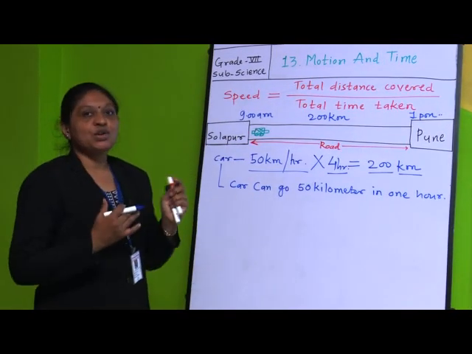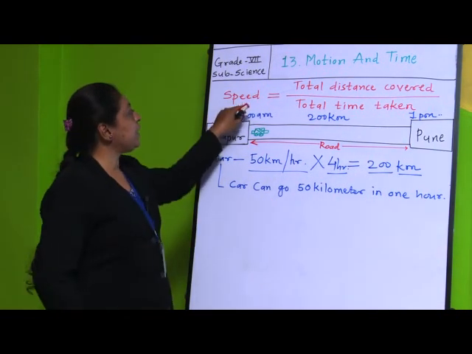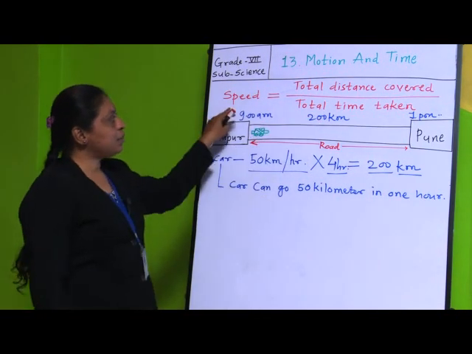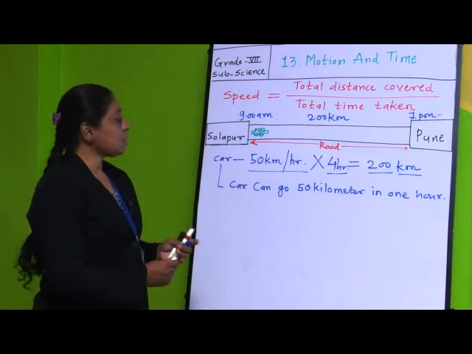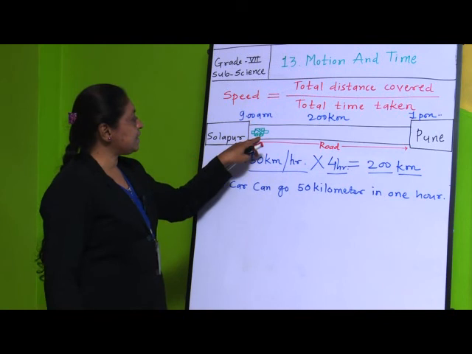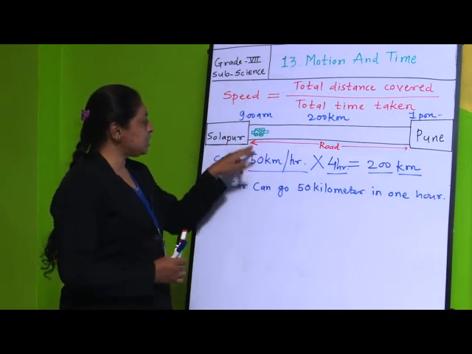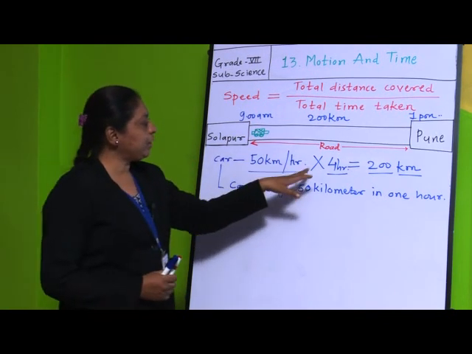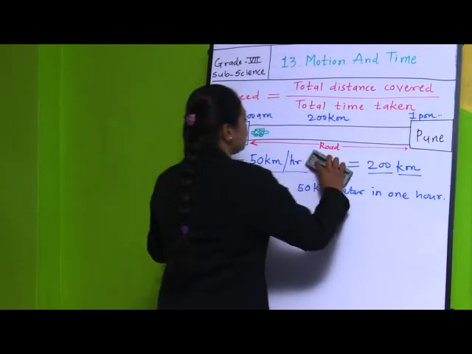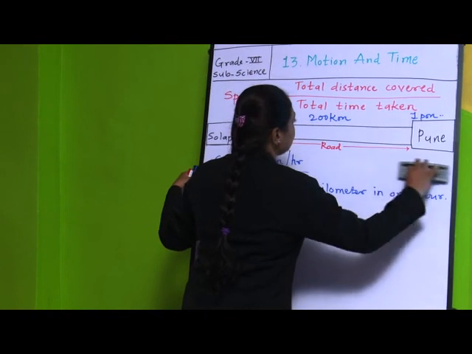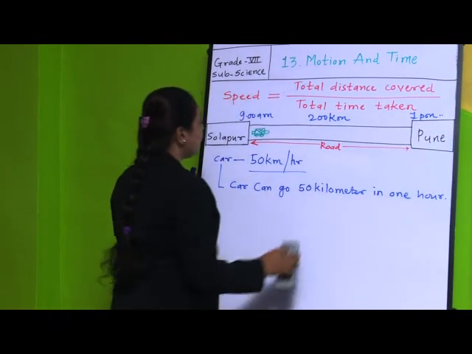So like this we can calculate the speed of any object or any vehicle. Whenever an example is given, suppose this car can move 50 kilometers in 1 hour. I am going to rub this so you don't get confused.